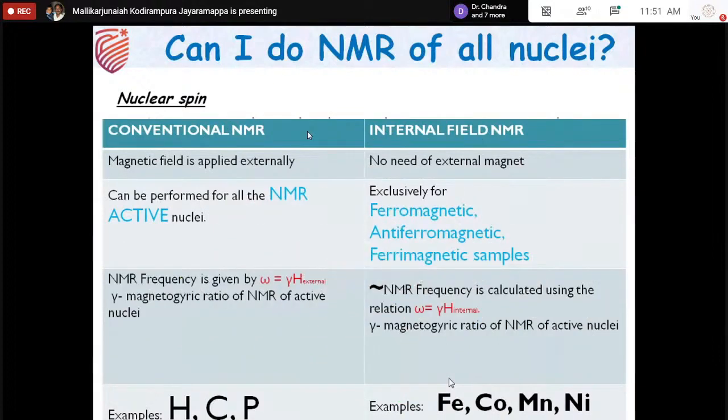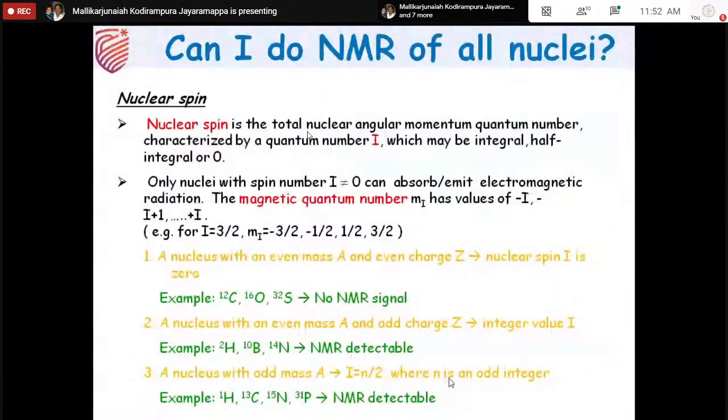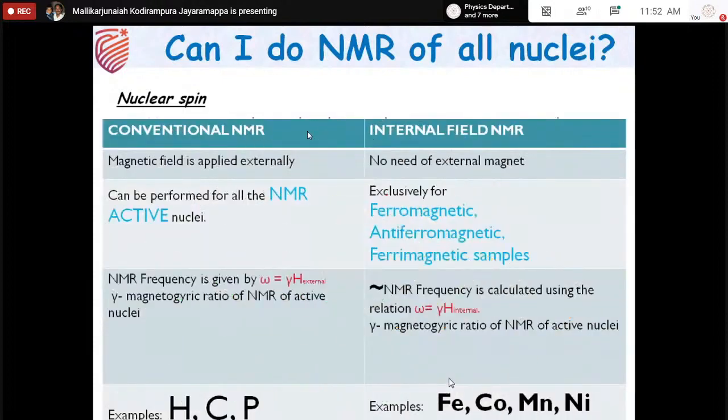Now, up to this point, all of us are aware of what NMR is. What we are trying to dwell more upon in our lab is a sort of unconventional NMR.